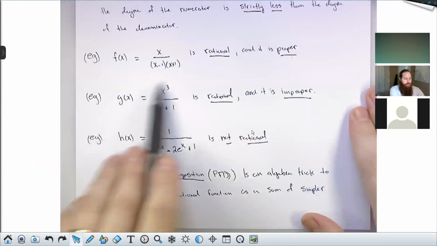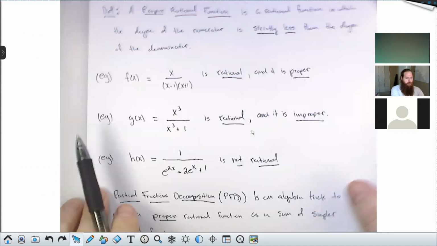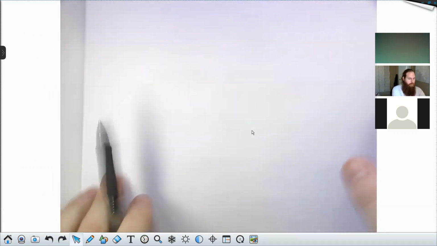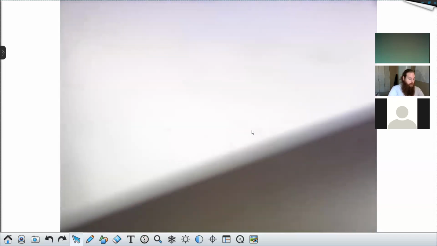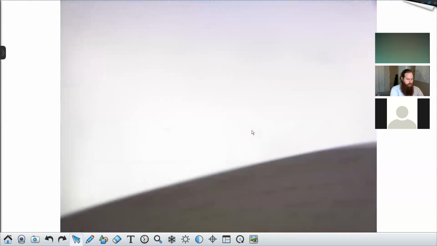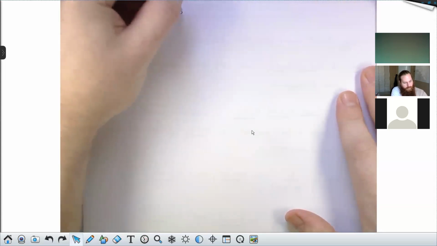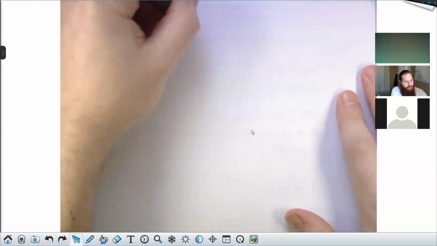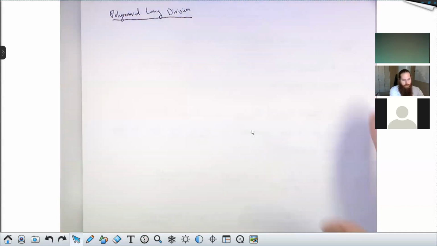And essentially, that's how you would deal with this. So if you have an improper rational function, polynomial long division is a way to rewrite that as a polynomial plus a proper rational function. And it works just like long division worked in second grade when you were first learning how to long divide numbers.